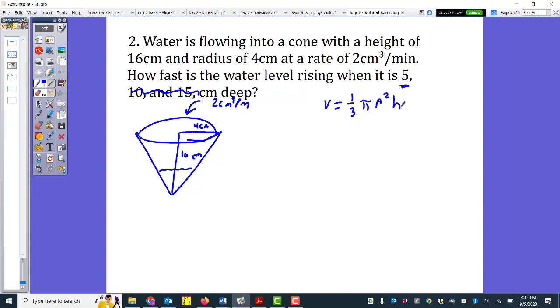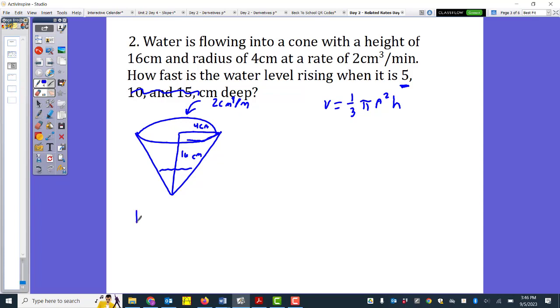We could go through the process of actually taking the derivative here and doing product rule, but there's a better way. If we look, every cone that we create with the water level will be similar to the cone of the whole because they have a shared angle down here. Since there's similar cones there, we can actually use a proportion to rewrite r and h.